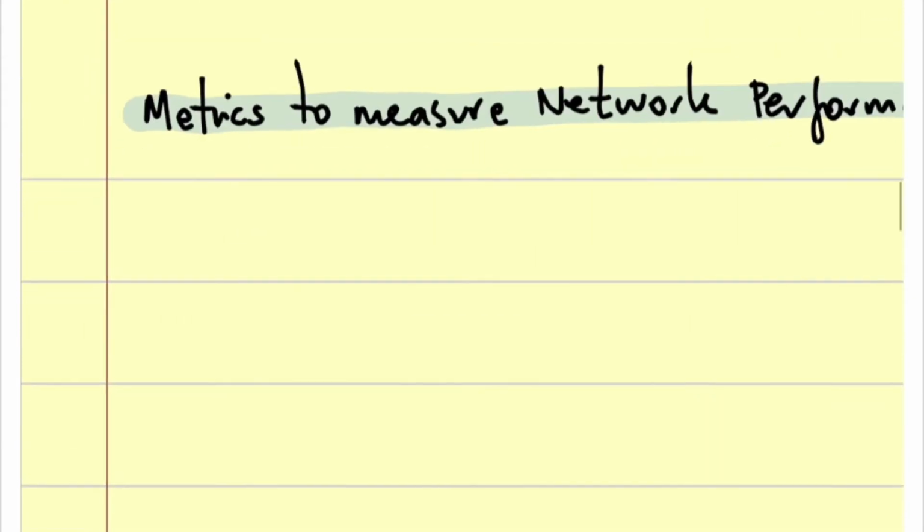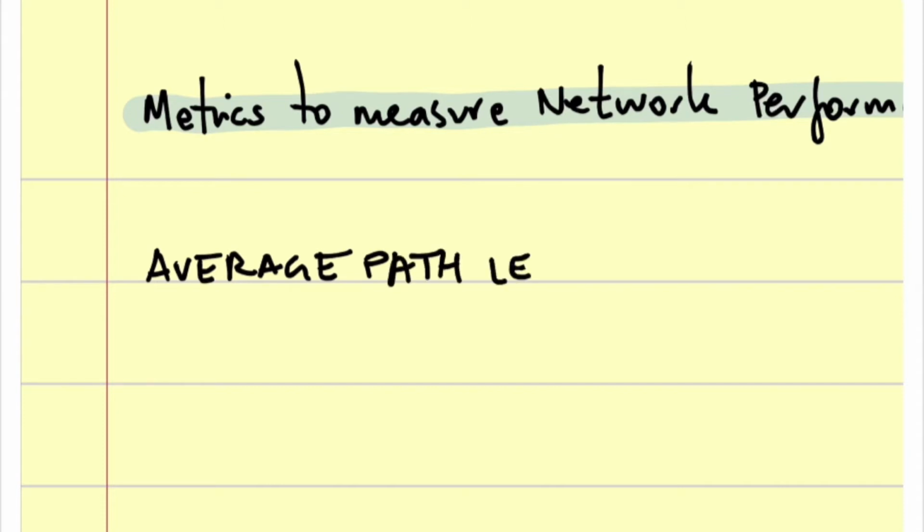And the first one, there are three. The first one is the average path length, or in short, APL.